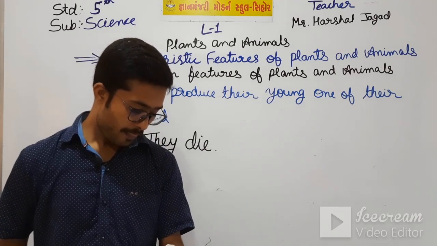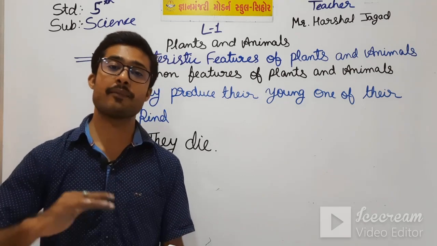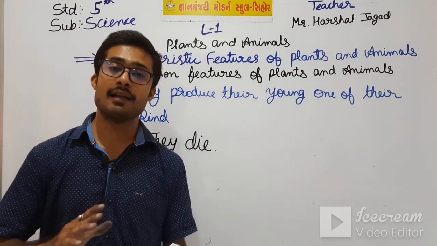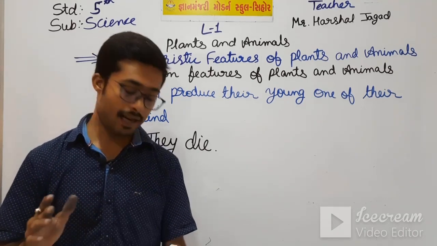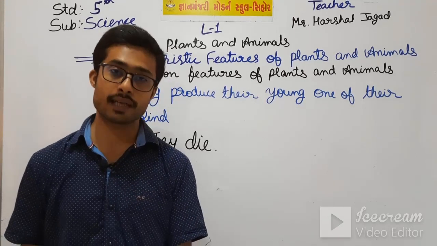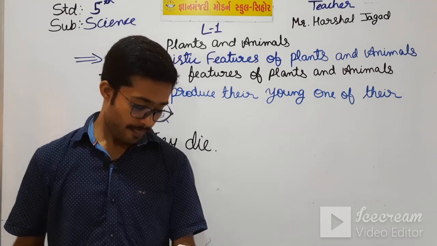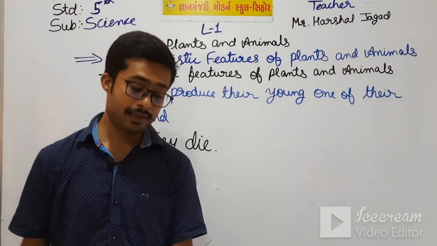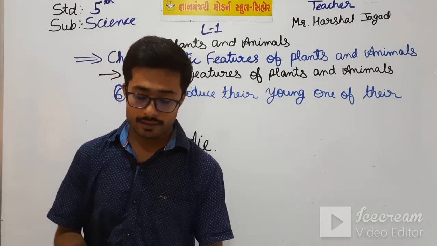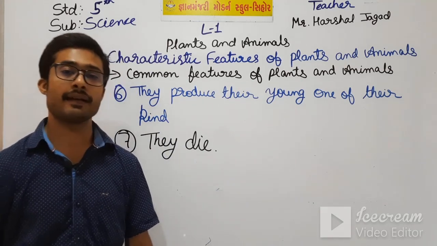They move. Parts of plants show slight movement, means the plant parts, branches, move. They produce young ones of their own kind. The 7th point is they die. So these were the common features of plants and animals.